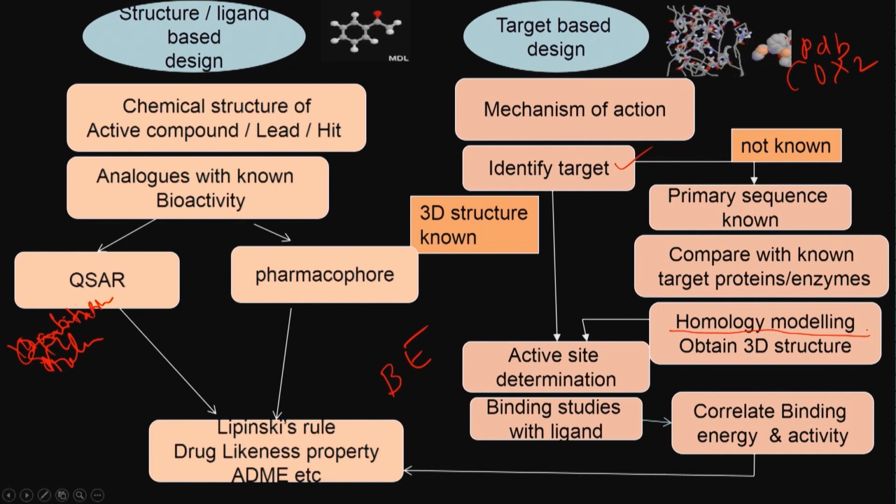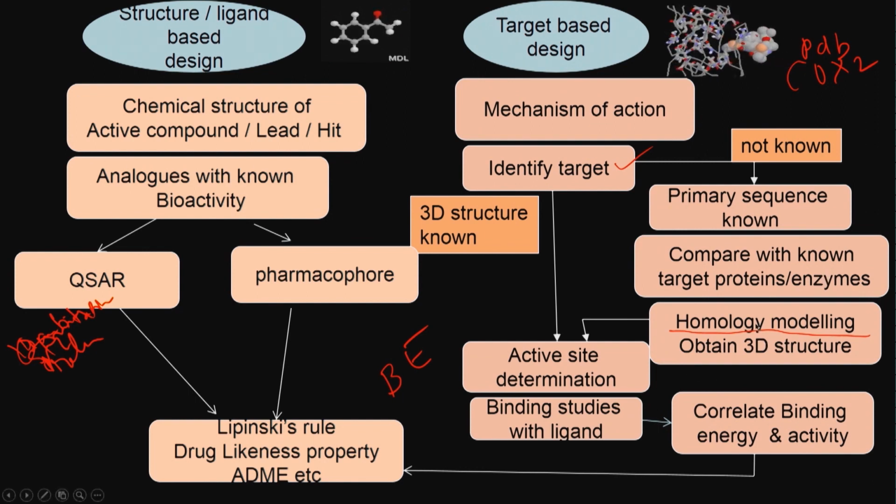What I will do is I will have the primary sequence data of the protein, then I will compare it with other proteins in the PDB, and if there is some similarity I take that protein and develop a homology model using that protein as my template, okay. That means I build the 3-dimensional structure of the protein of my interest based on the 3-dimensional structure of another protein which is similar in sequence, okay, 30%, 35% similarity in the sequence.